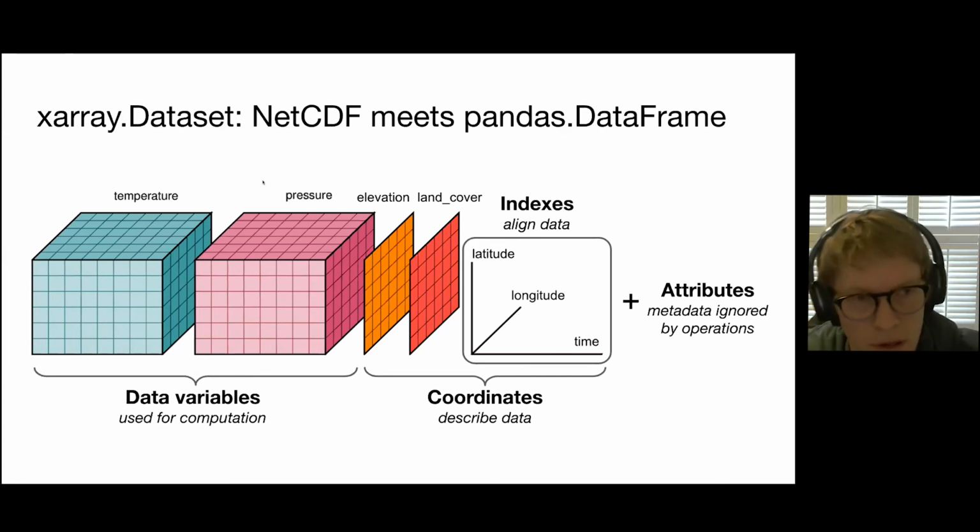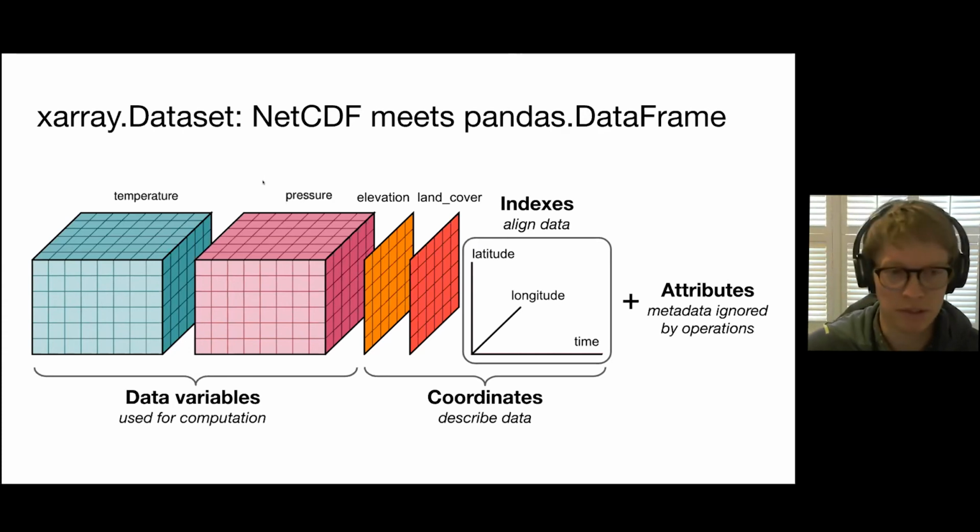So here's an example. We have a data set of multiple data variables. On the left, we have temperature and pressure. Those are, in this case, three-dimensional data cubes with dimensions time by latitude by longitude. In NumPy speak, those would be axes in a three-dimensional array, and Xarray calls those dimensions and provides names. The data model also provides for coordinates. Those coordinates can be one-dimensional indexes.